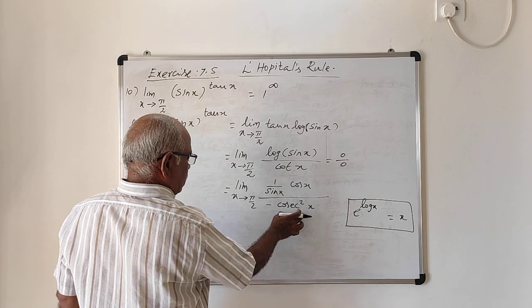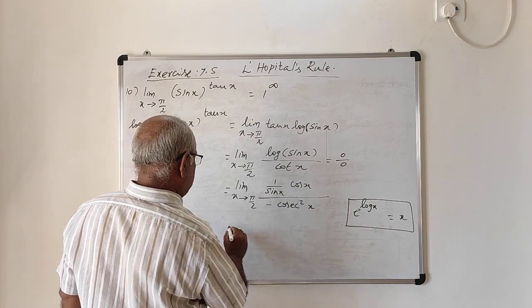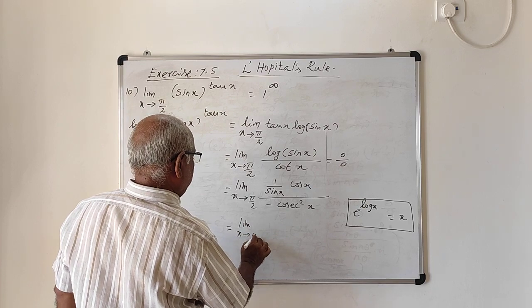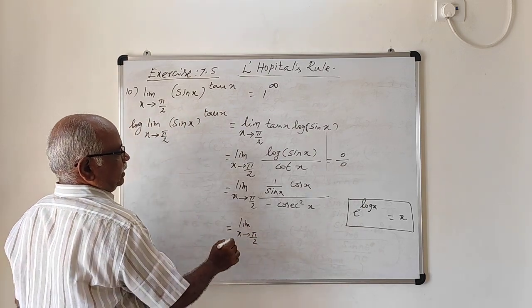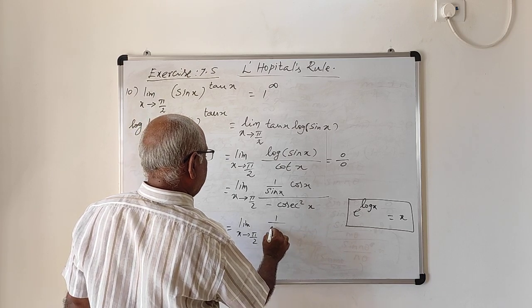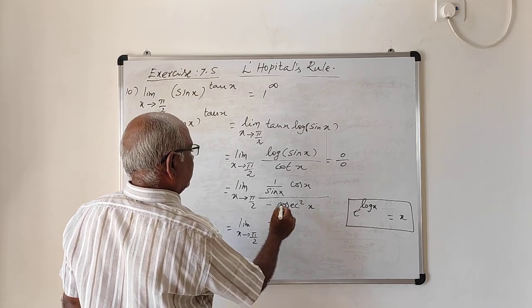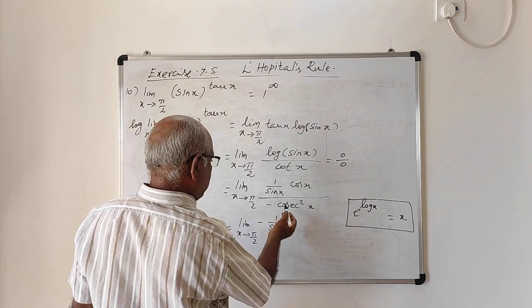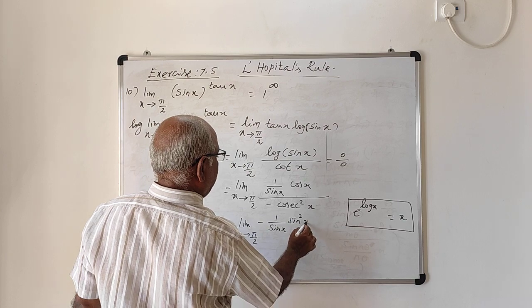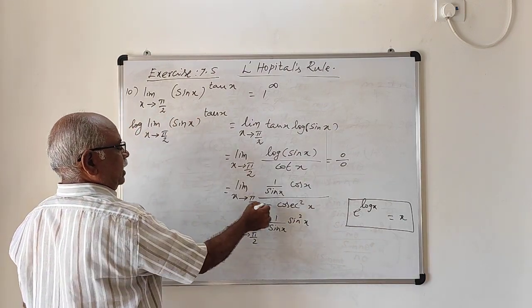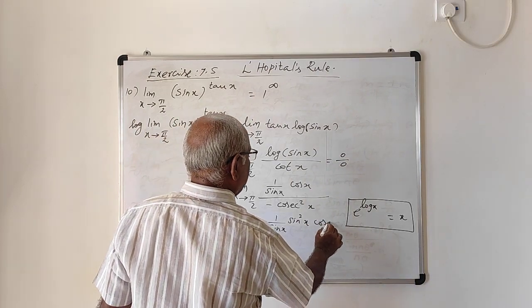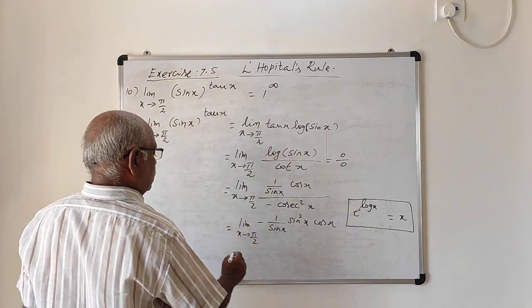So 1 by cosecant square is sin square. It becomes 1 by sin x into minus sin square x into cos x.